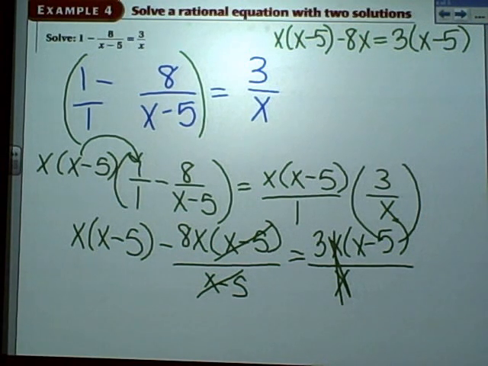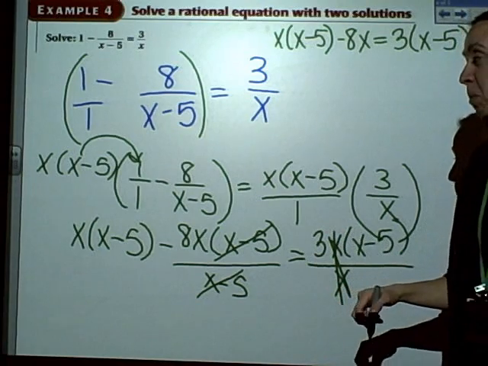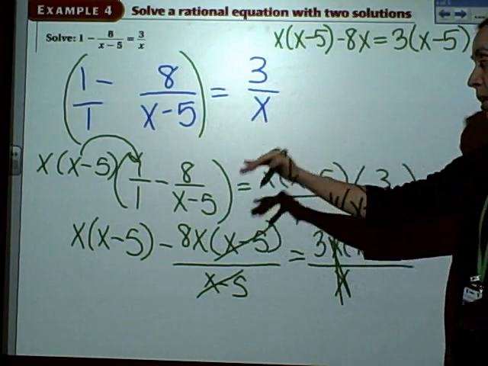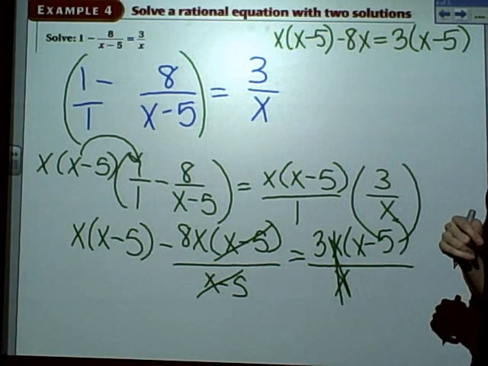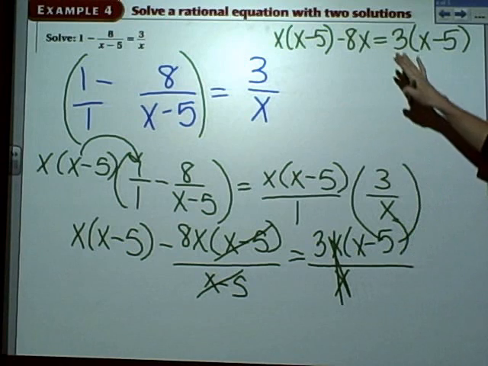Now we've got some simplifying to do. Take a minute, look at what we've just done. Maybe look at it again. We started with multiplying both sides by the least common denominator and then distributing across. Take a second and look at it and see if you can simplify.